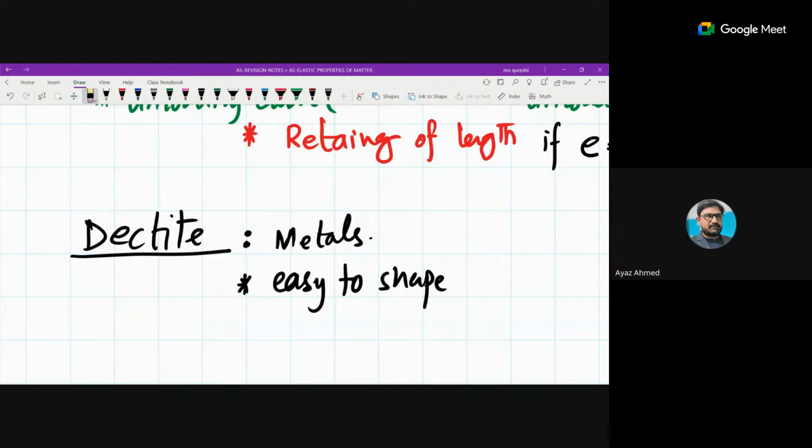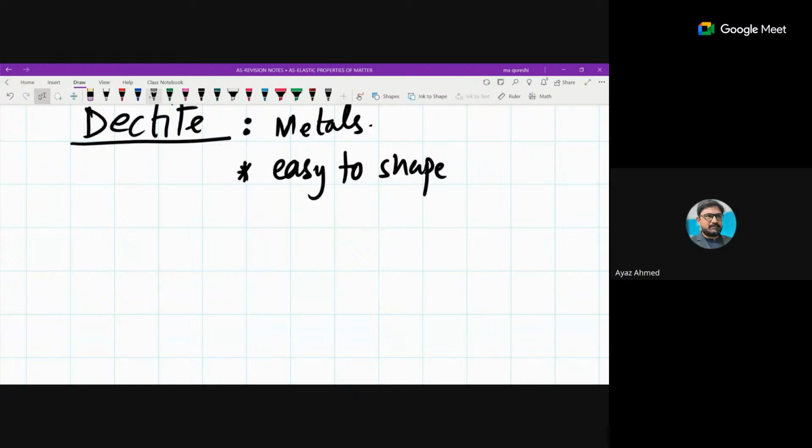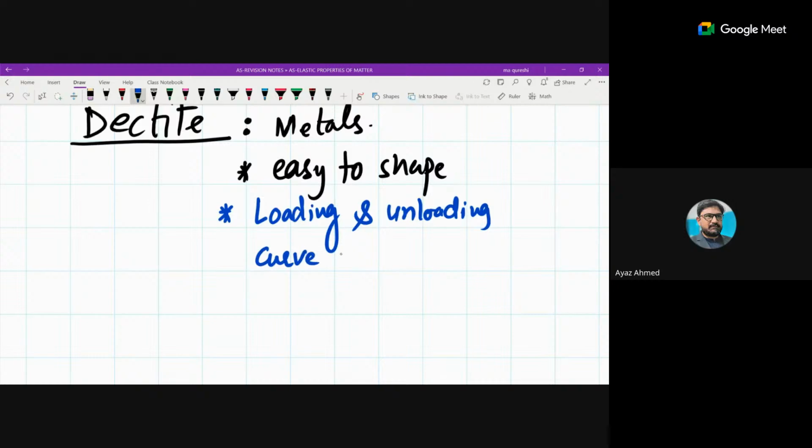The problem with ductile materials is that their loading and unloading curves do not overlap. They are separate.